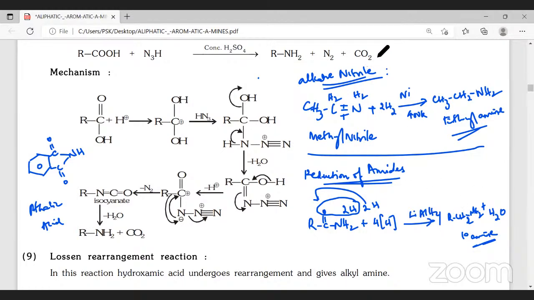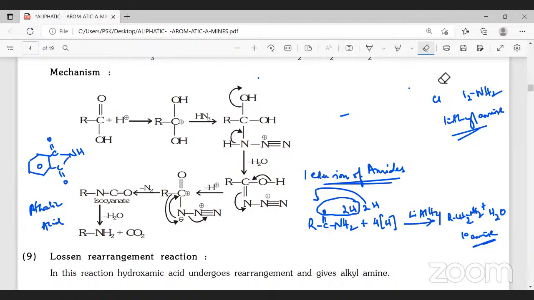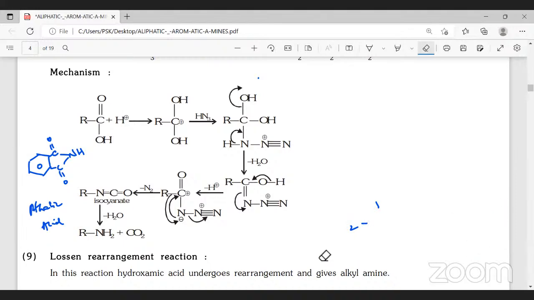The next is an important named reaction. One, we learned the Gabriel phthalimide method. The second one is called Hoffman's bromamide reaction. This is also a very important named reaction, so you can expect a question on either the Gabriel phthalimide or Hoffman's bromamide method.